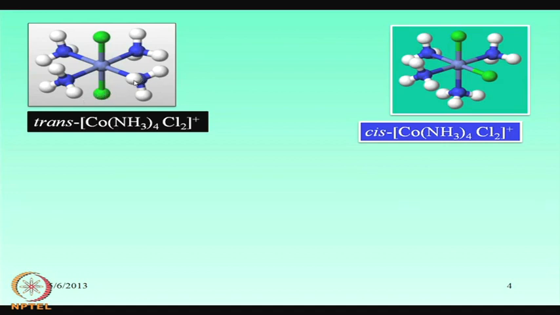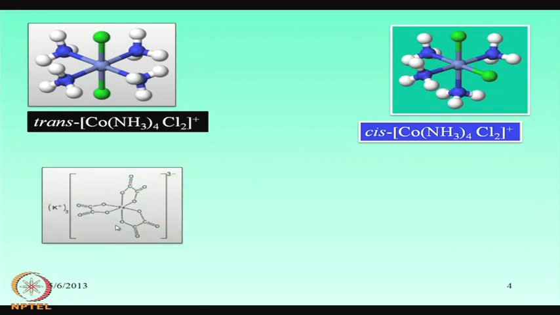If we interchange these two positions, bringing the chlorine to the nitrogen position and the nitrogen to the chlorine position, we get the cis compound, another geometry in octahedral coordination.